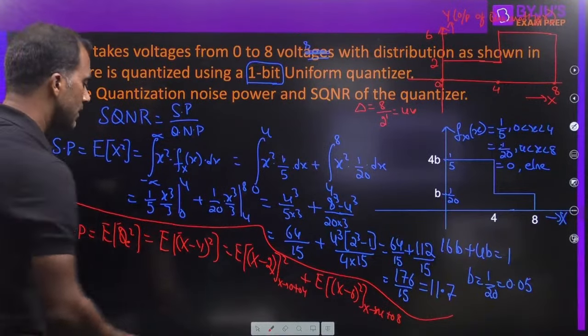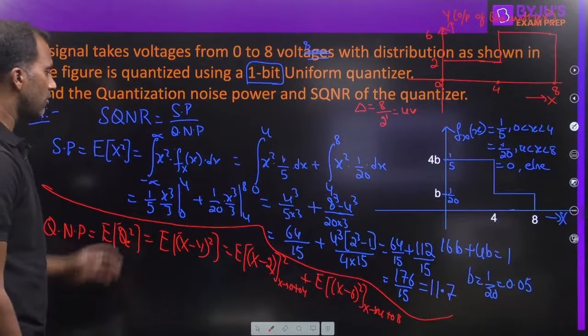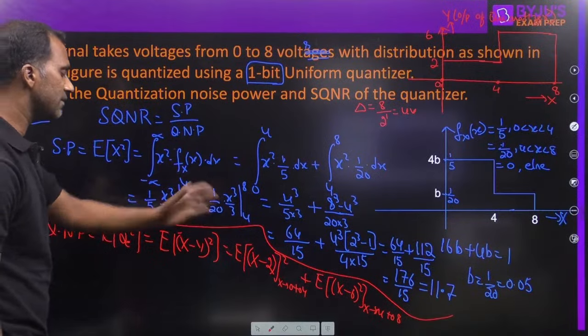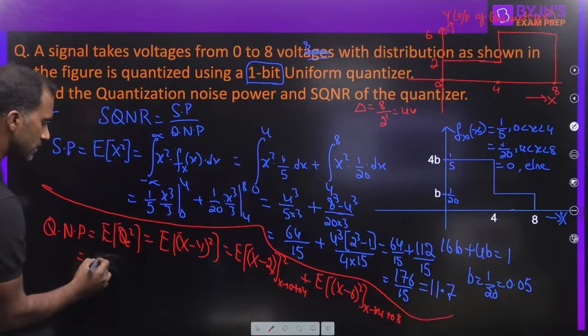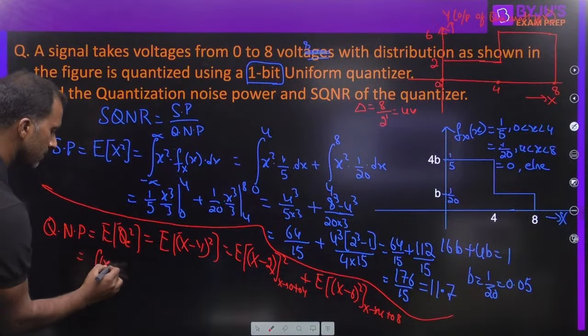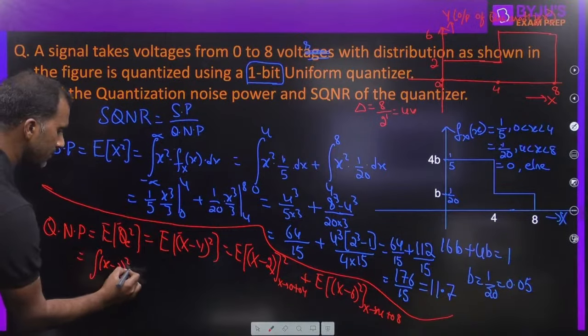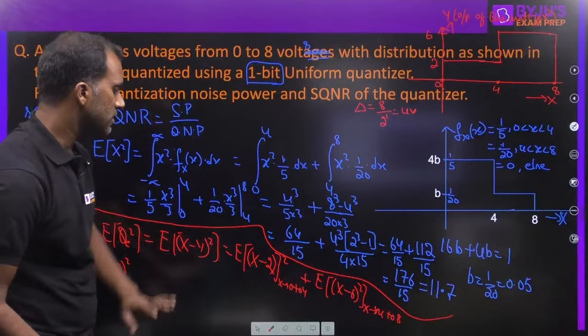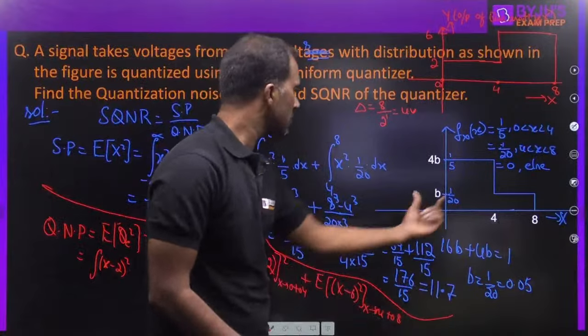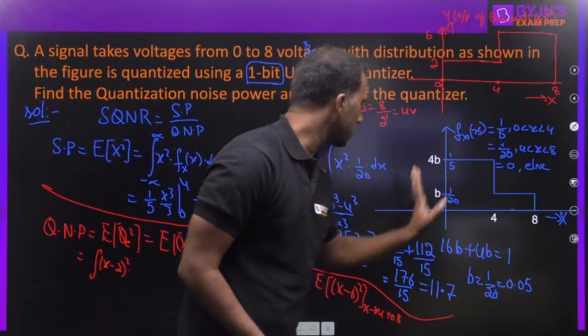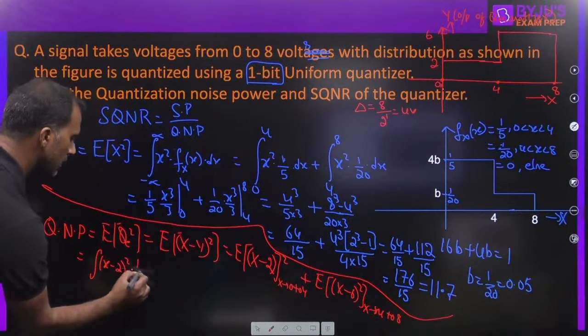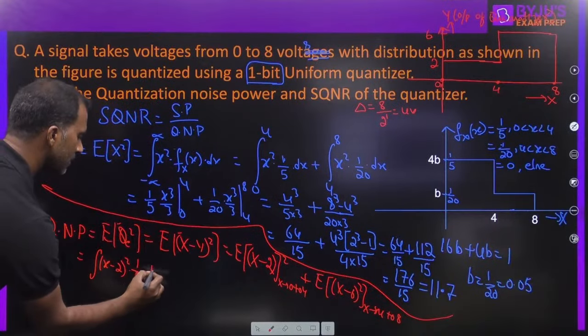Very easy, right? Now we can use simple expectation. The same way we have found before, we can do the same way. So it is the integration of X minus 2 whole square into fx of x. What is the PDF of X? For 0 to 4, the PDF of X has a height of 1 by 5, dx.